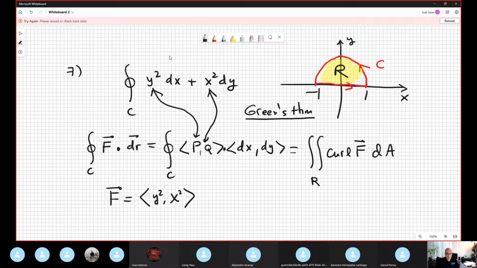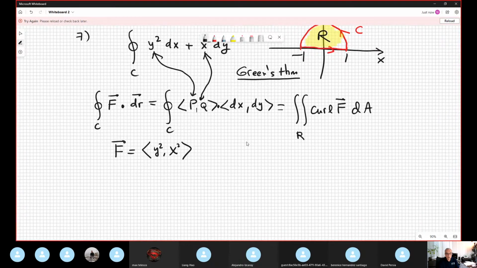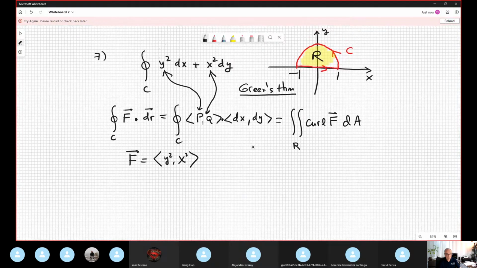Okay, now the first thing you should do is compute the curl of this vector field. So I compute the curl. Well, this is easy because it's two-dimensional. So I have partial q with respect to x minus partial p with respect to y. This is p, this is q, no?